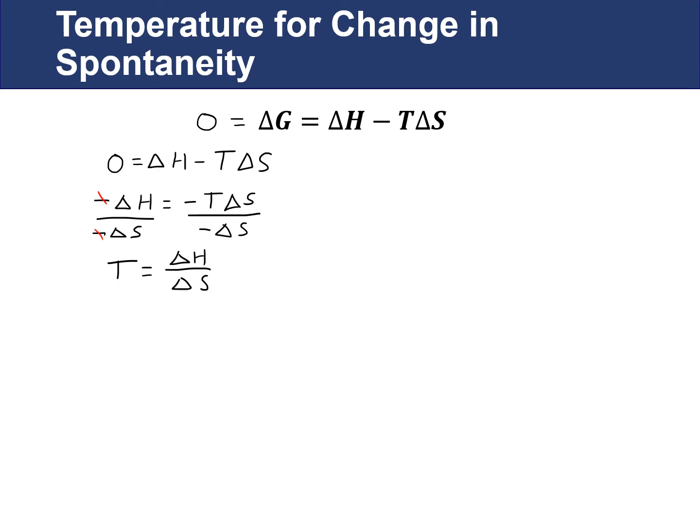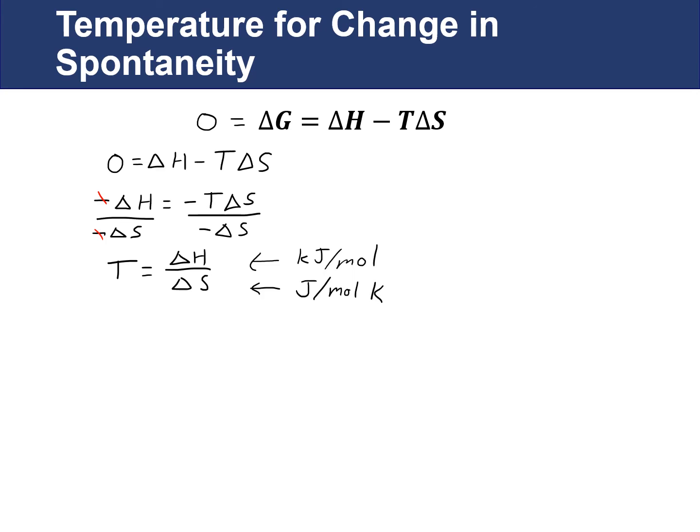And so if our delta H was a negative number and delta S was a negative, that would result in a negative over a negative, which would be a positive value, which works out because if we're working in Kelvin, our temperature has to be positive. Now, the thing to keep in mind is that our delta H values are typically in kilojoules per mole, and our S values are typically given in joules per mole Kelvin.